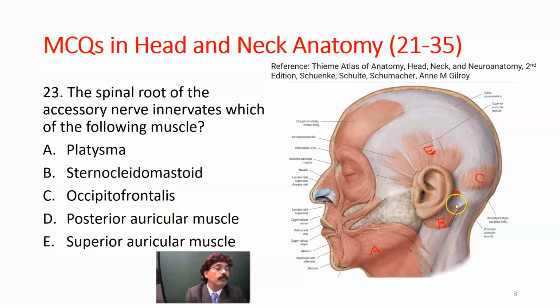D. Posterior auricular muscle. And E. Superior auricular muscle. So, what muscle is innervated by the spinal root of the accessory nerve? The answer should be B, the sternocleidomastoid muscle.